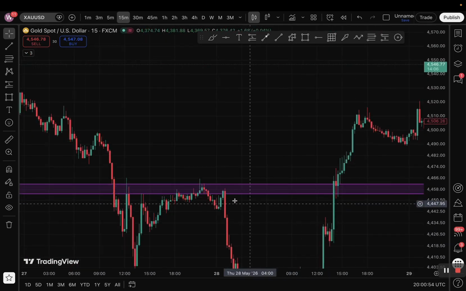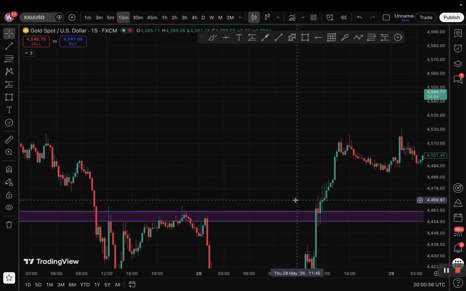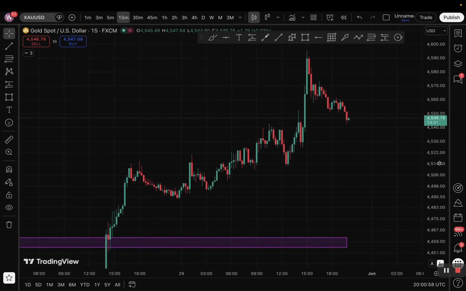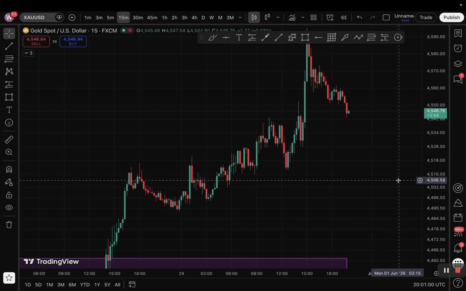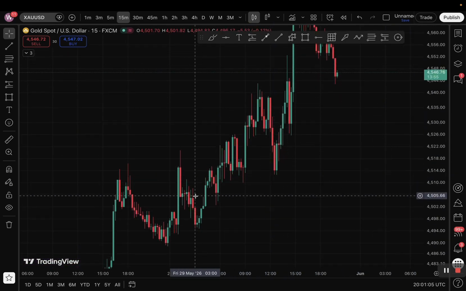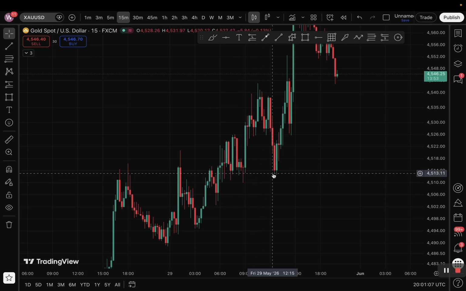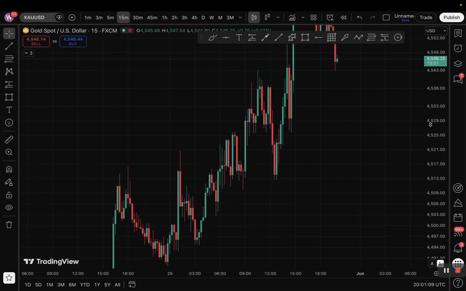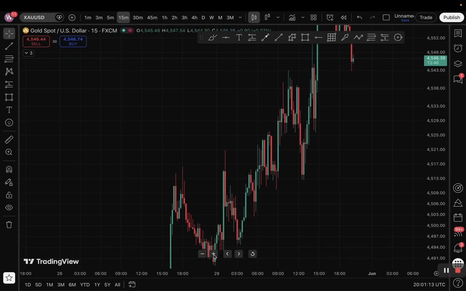Now I just want to draw some zones on the 15-minute time frame. Let me look for one of the support zones the market normally respects. I will show you right now so that you can understand what I really mean.